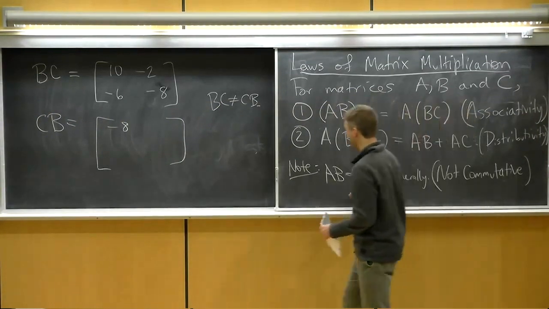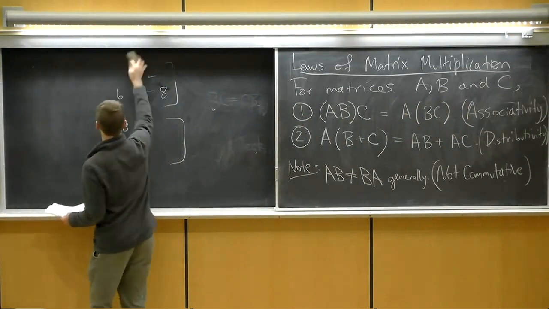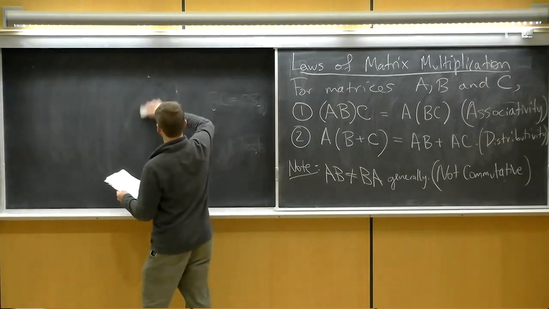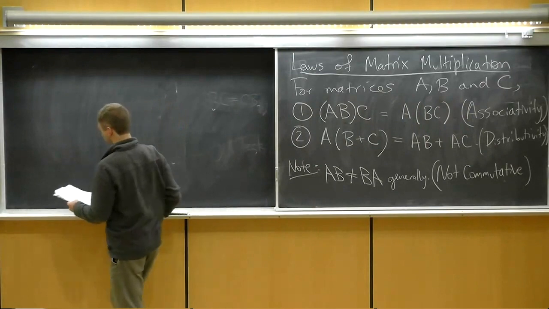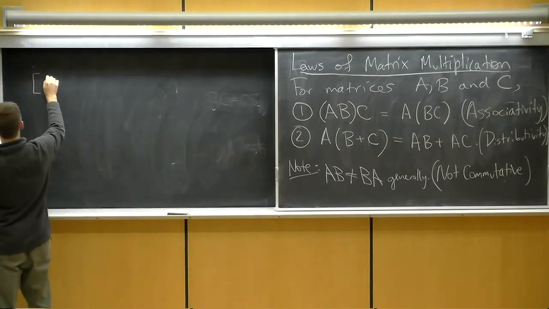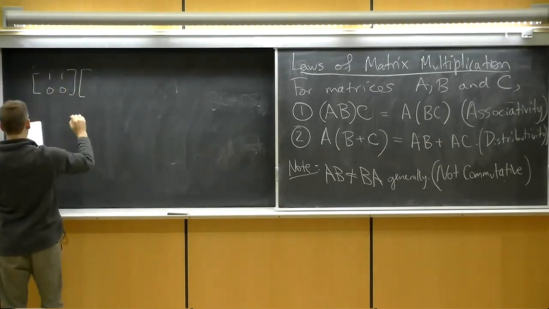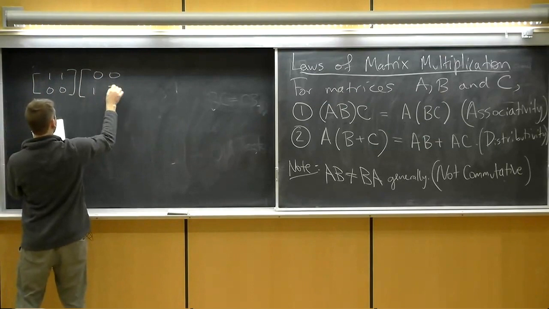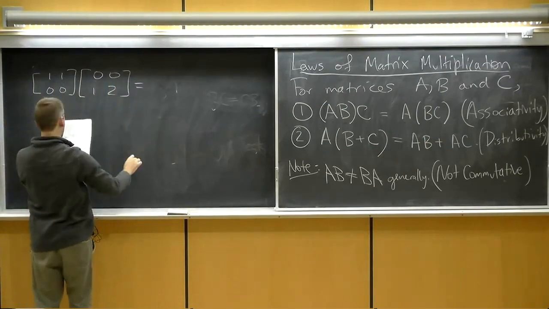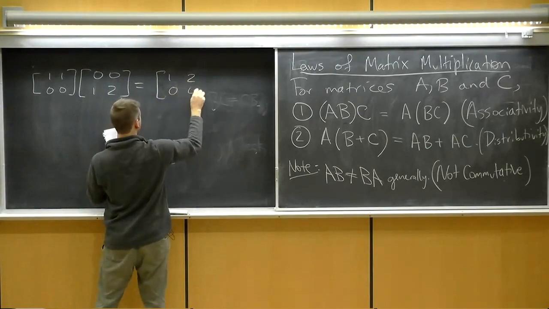We've already seen a few examples of this, but let me give you one more. If I take this matrix 1, 1, 0, 0, and multiply by 0, 0, 1, 2, you get 1, 2, 0, 0.